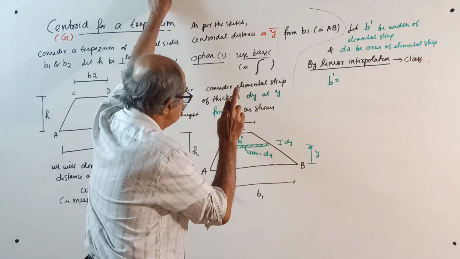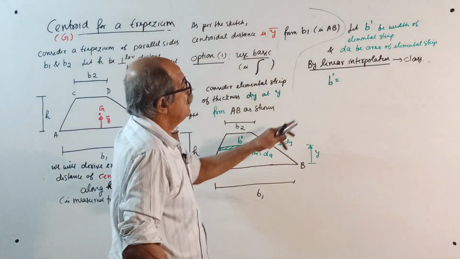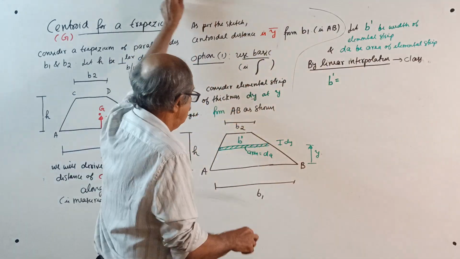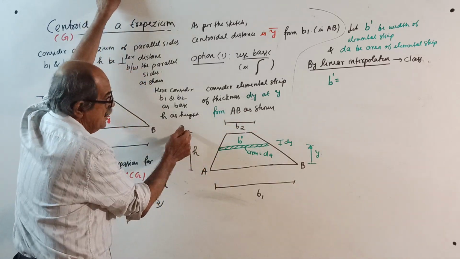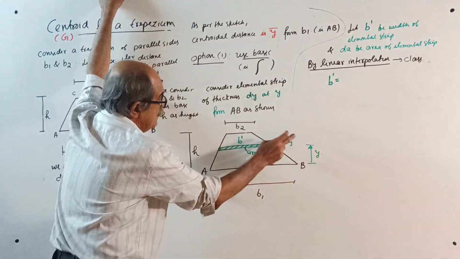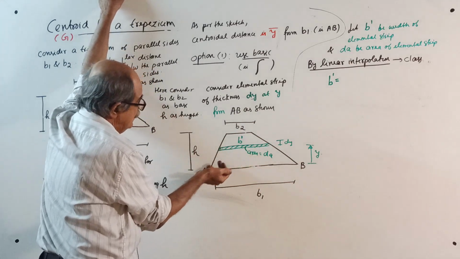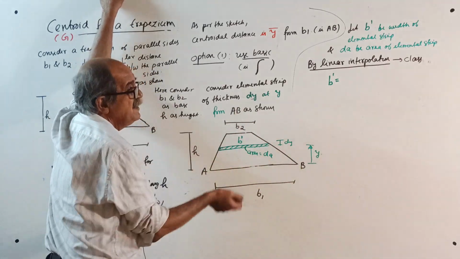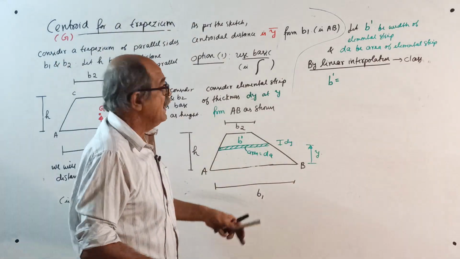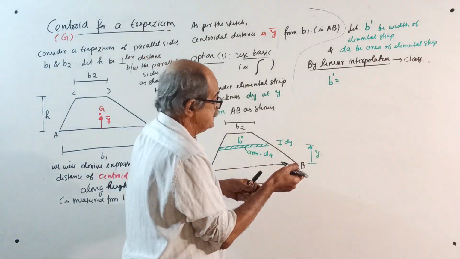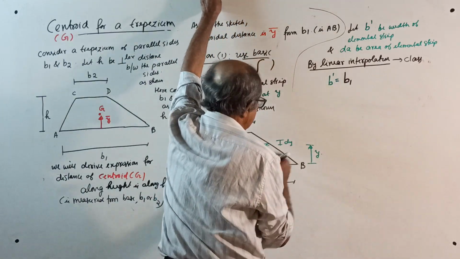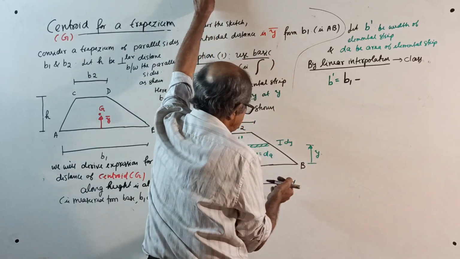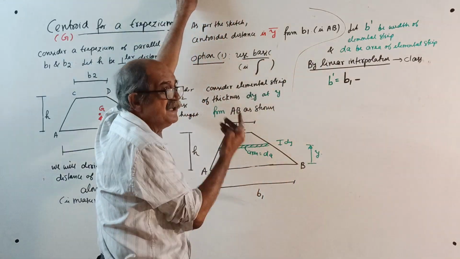Now, you should get the value of B dash. For getting B dash, this is B1, this is B2, and the total is H here. You are moving by y. As per the sketch, your width is decreasing. It can increase also. Then as per the sketch, B dash equals B1 minus, because as you go this way it is decreasing.